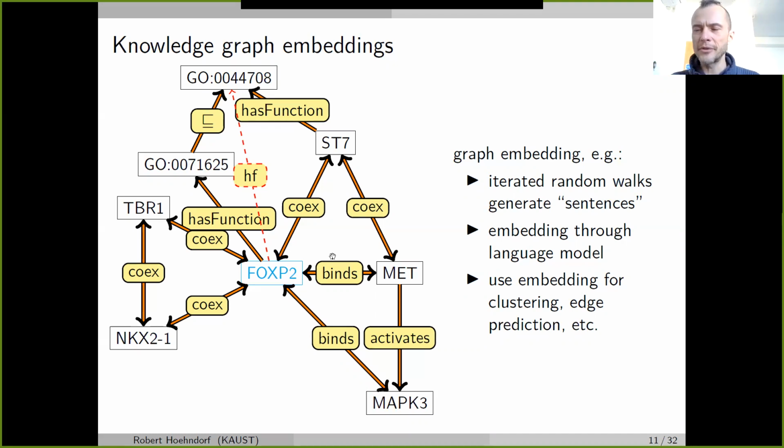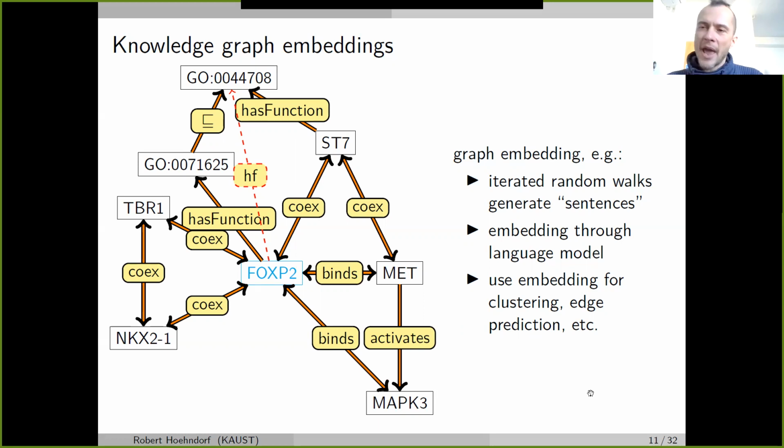FOXP2 is a gene which is crucial for language in humans. And this is vocalization behavior. So FOXP2 has this function of vocalization behavior, which is a kind of behavior. Based on these two axioms, we can infer deductively that FOXP2 must also have the function of behavior. This is this top GO class here.